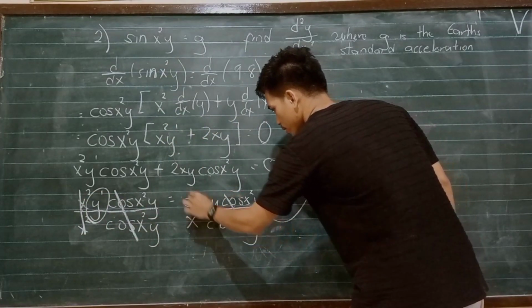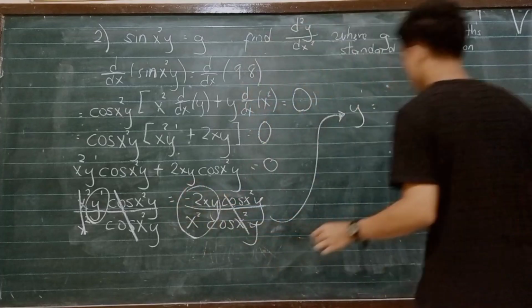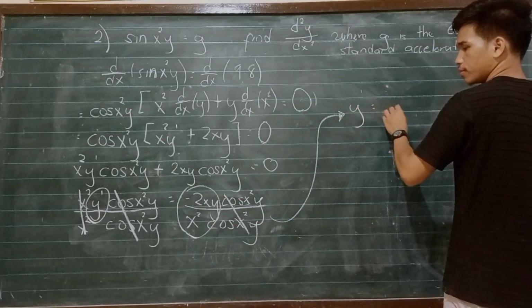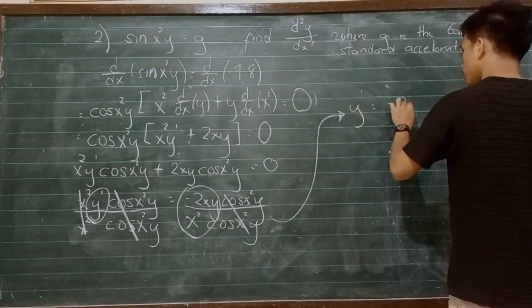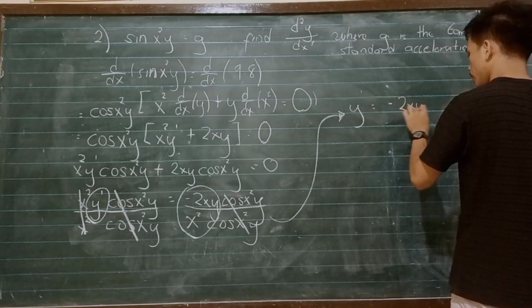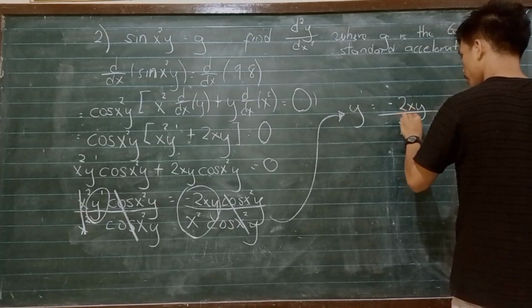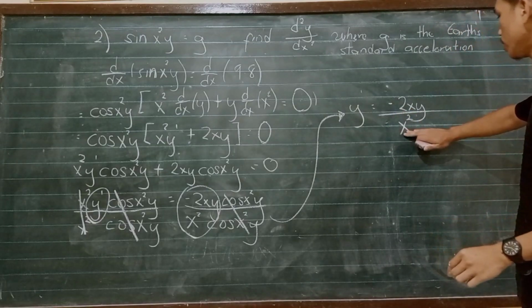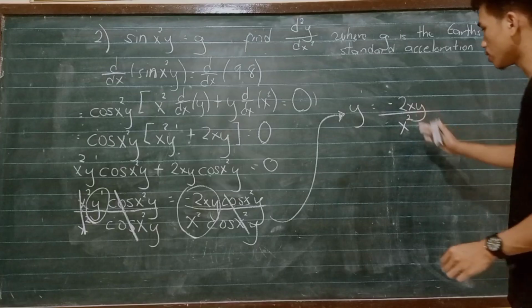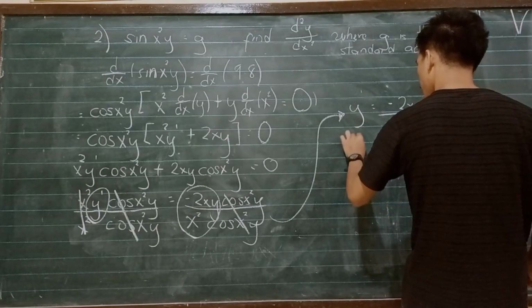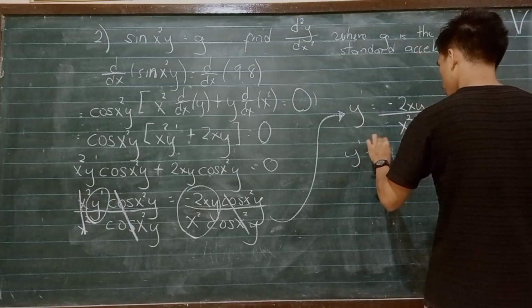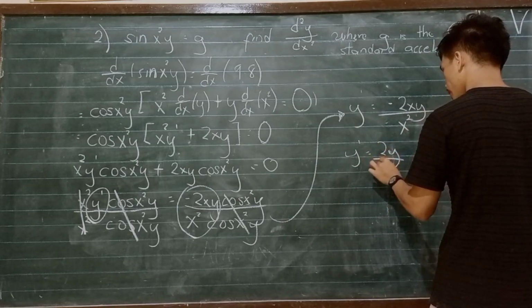It should be y prime is equal to negative 2xy over x squared. So as you can see, we can cancel out because of the same term.